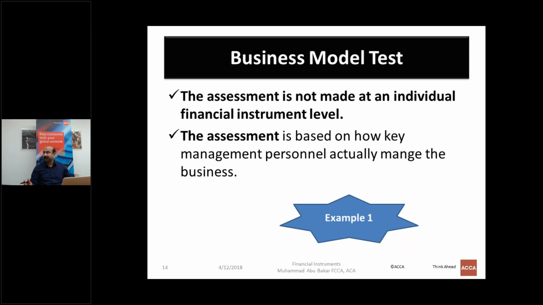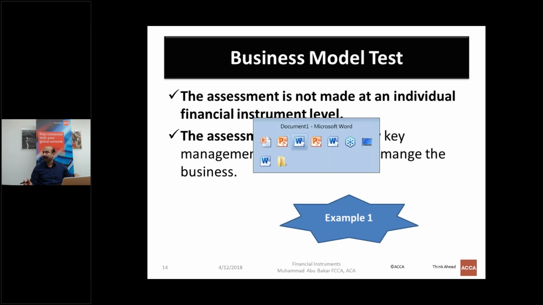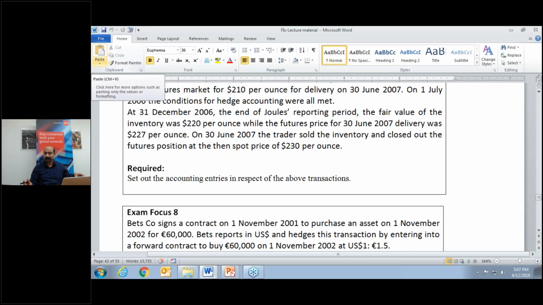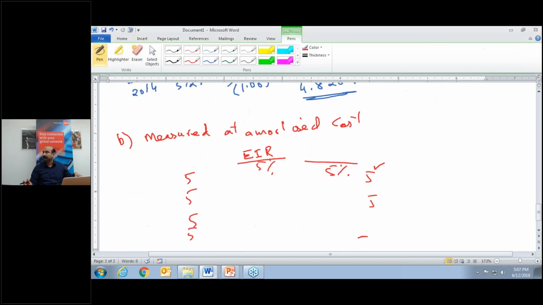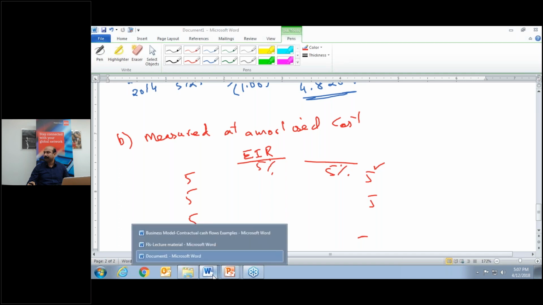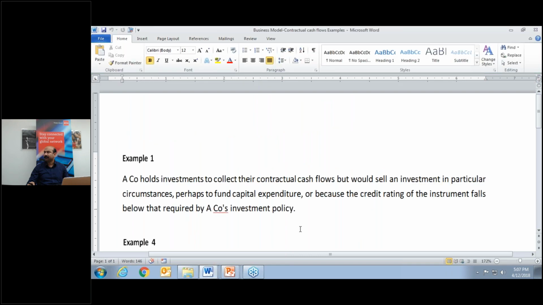Okay, this is the example which is in front of you.